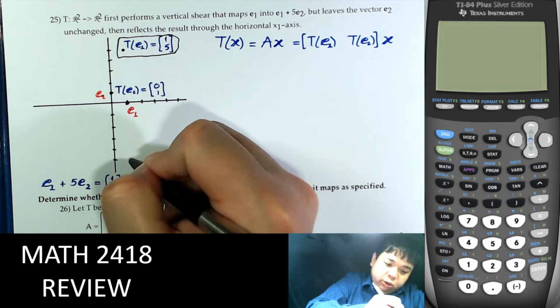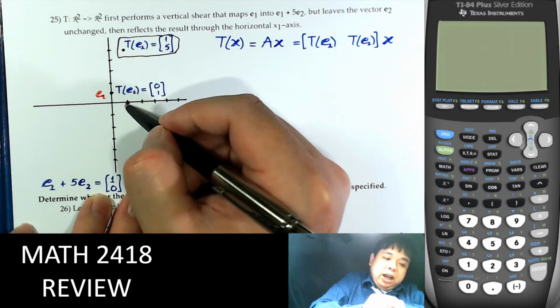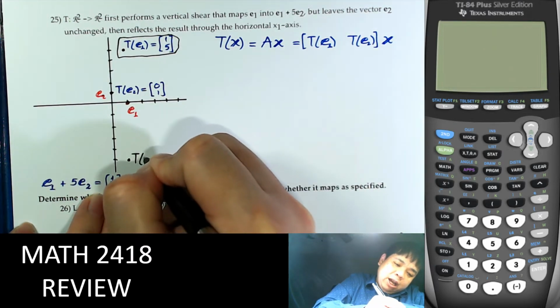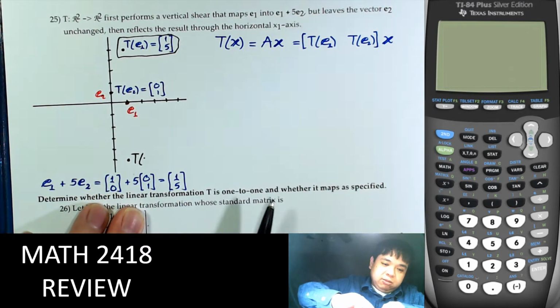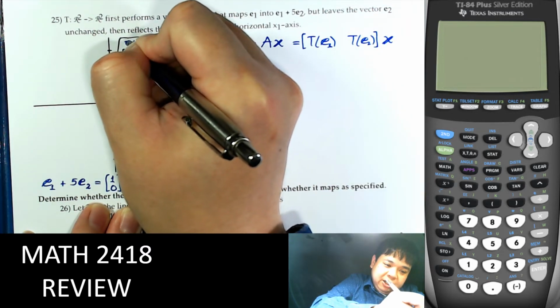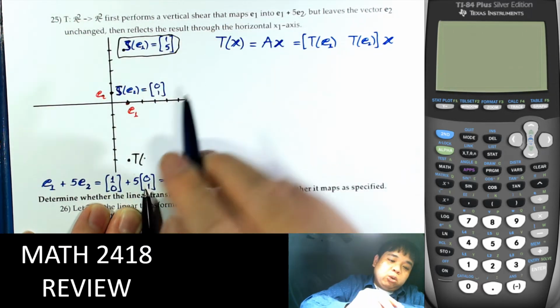So that point will go down here, and we're going to have the vector x equal to 1, y equal to negative 5. But now the actual, let's see, this is not a t. Let's call this s. So the actual transformation will have two steps.